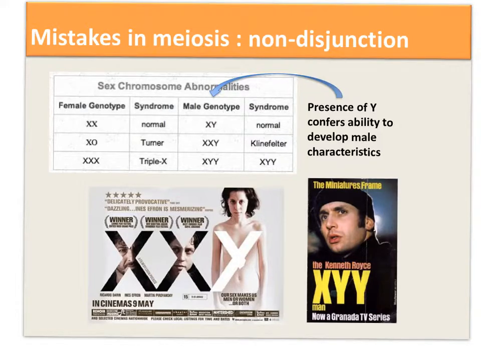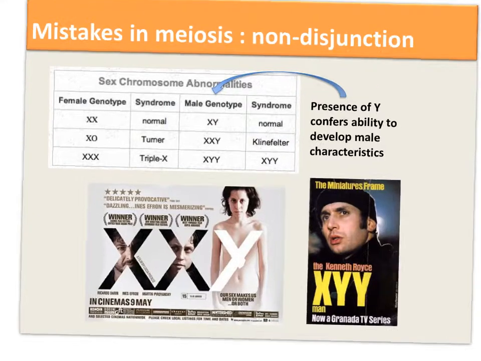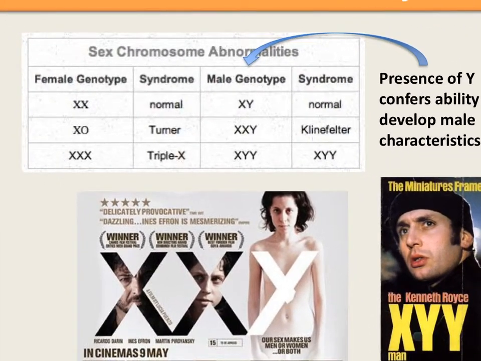So, a normal female genotype is XX. Normal male is XY, and that's normal, all on the top. Okay.